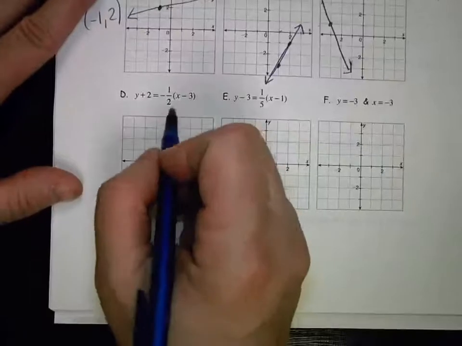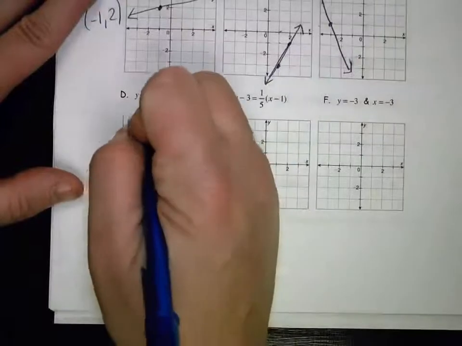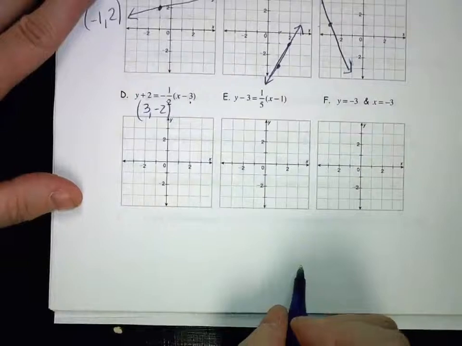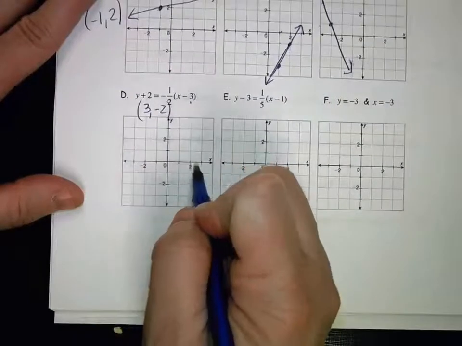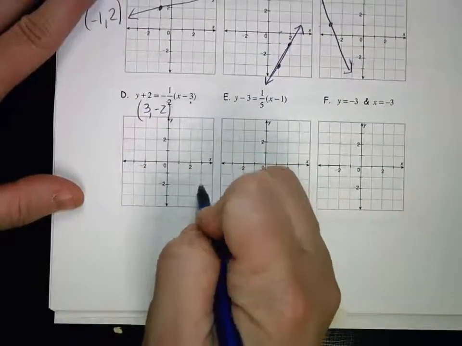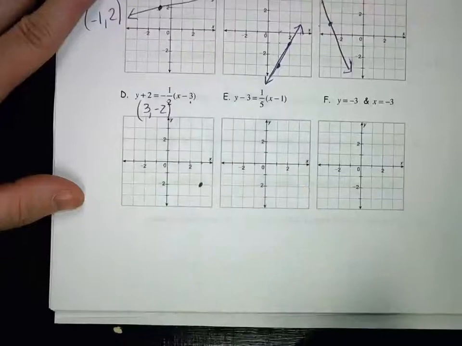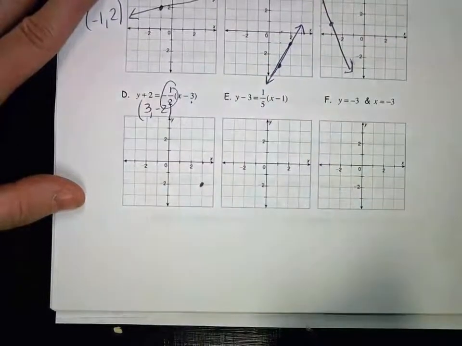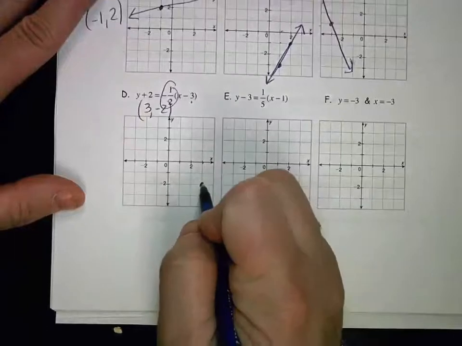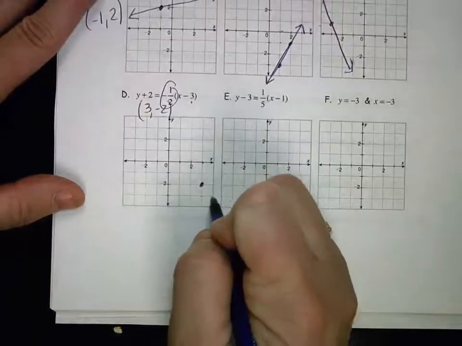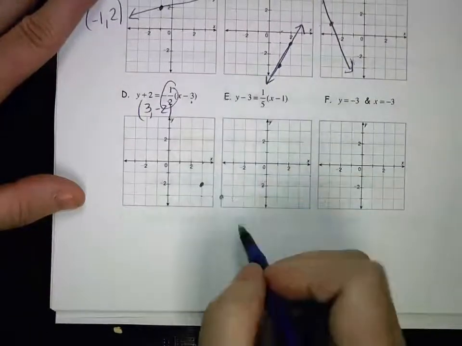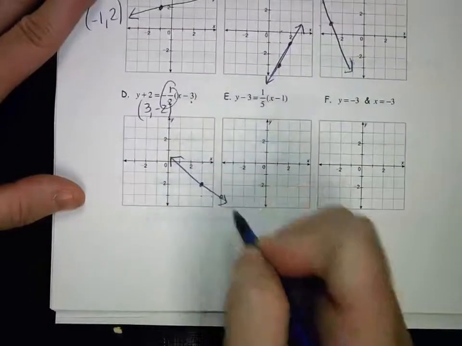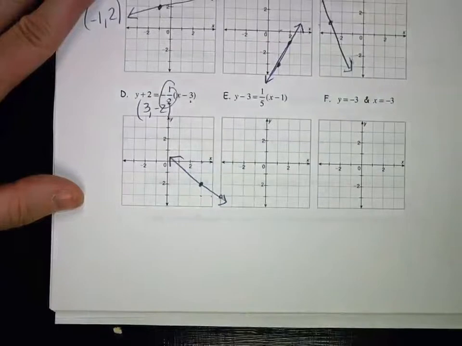Letter D, to get our point, we do opposite, opposite. So 3, negative 2. So we move over 3 spaces and we go down 2. And then our slope is negative 1/2. So from that point we go down 1 and 2 to the right. And our line goes through like that.